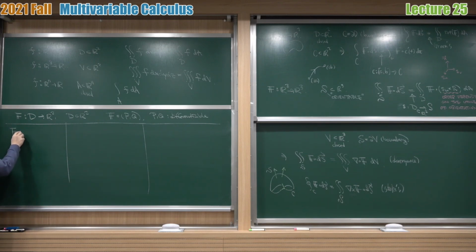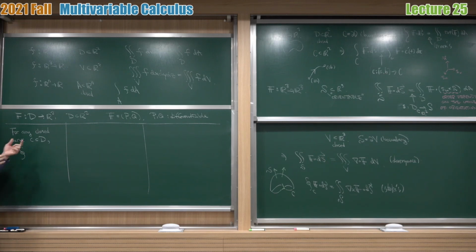So the first case is when, for any closed curve C inside of D, meaning the closed curve starts at one point and ends at the same point, so it always comes back to the original point.